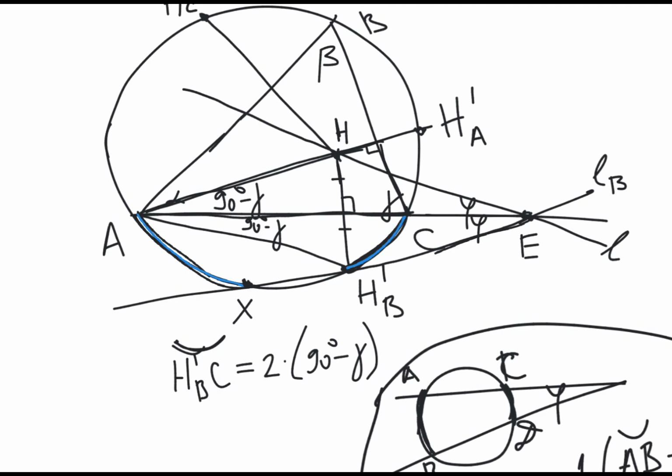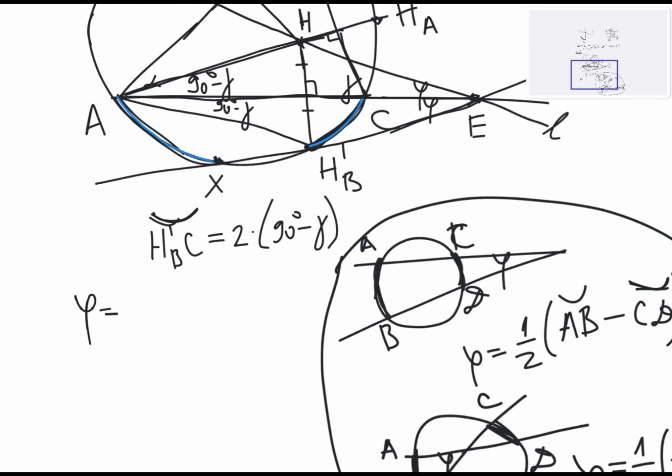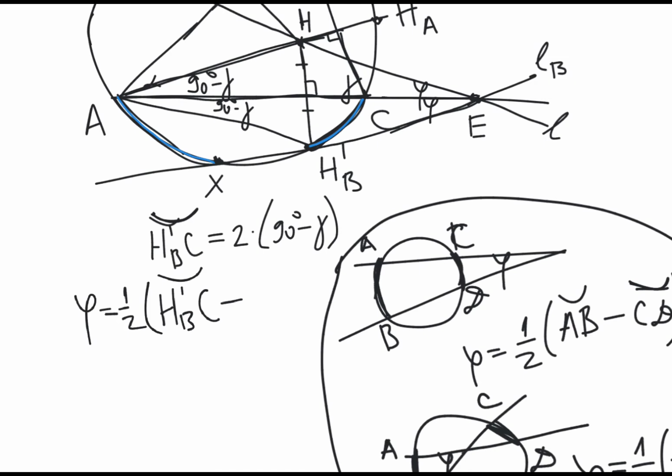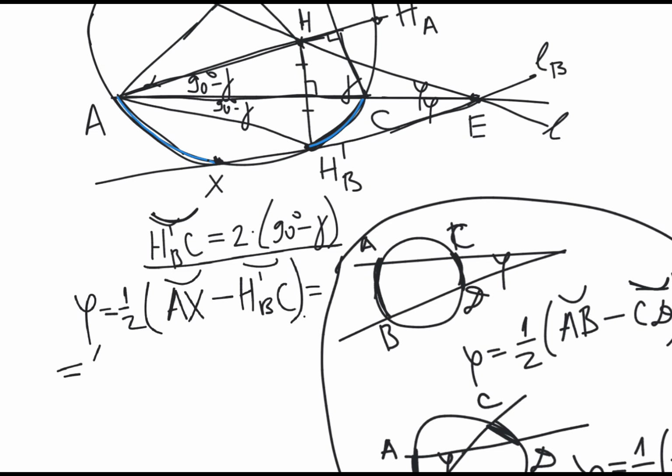Because of this, phi is equal to 1/2 of the arc, so first we take AX minus H_B prime C. H_B prime C we already calculated, so we can write that this is equal to 1/2 AX minus 1/2 of H prime C, and H prime C is 180 degrees minus gamma.